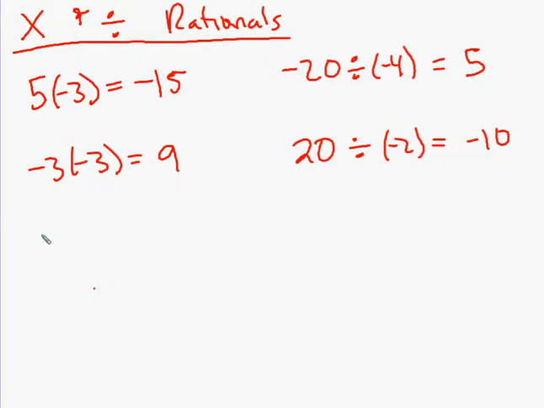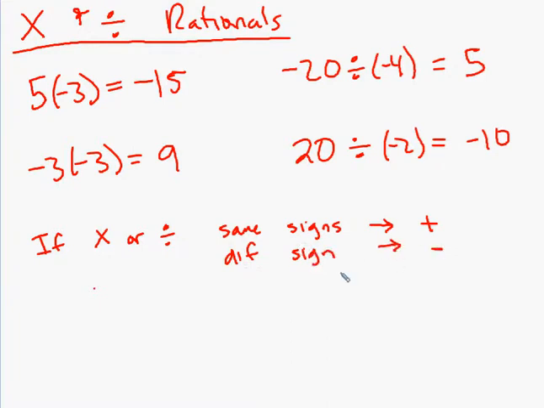So if we're multiplying and dividing, if the signs are the same, we get a positive, and if we have different signs, we get a negative. And I'm just going to demonstrate why with one example, and then we'll just keep that because I'm pretty sure you guys are good at it. Here's why.